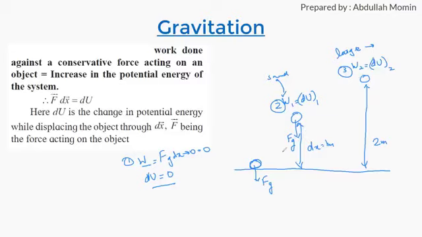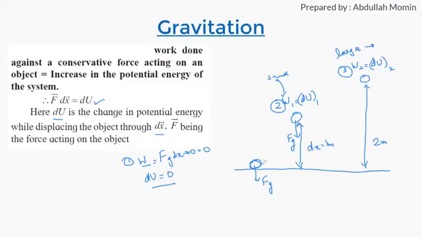So whatever work we do on this object, that work done will be stored in the form of change in potential energy. Here dU is the change in potential energy while displacing the object through dx, and F is the force acting on the object.